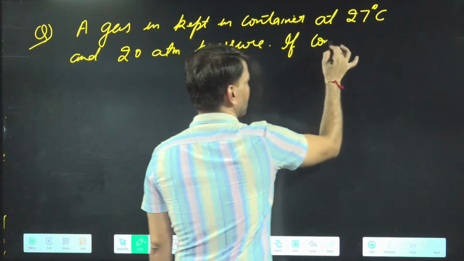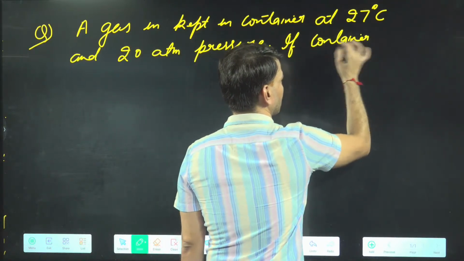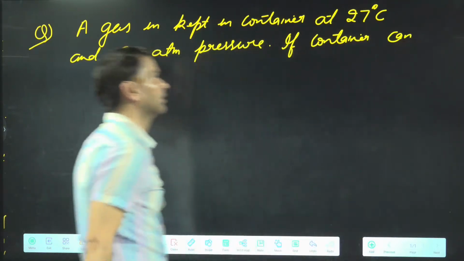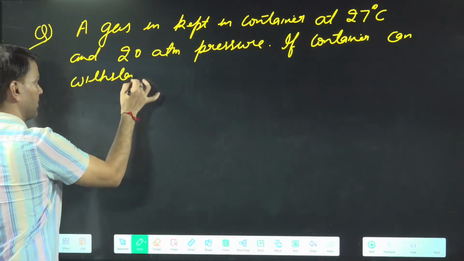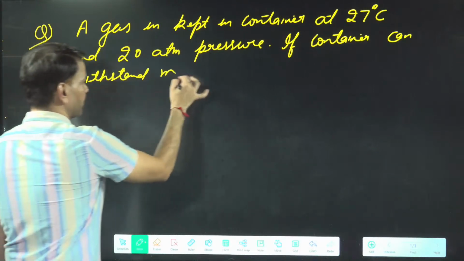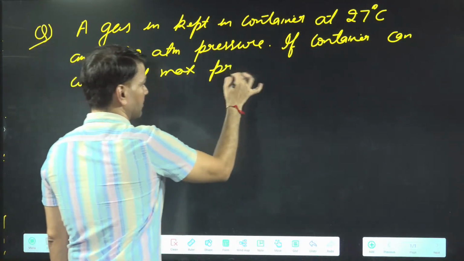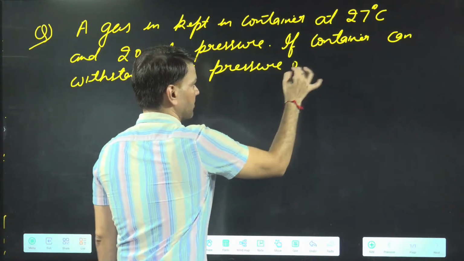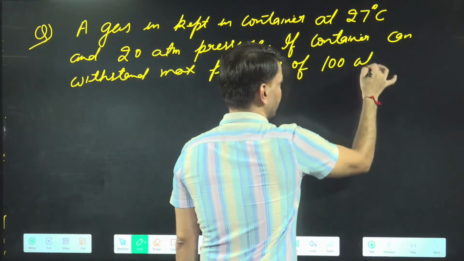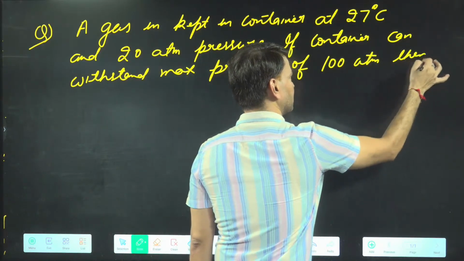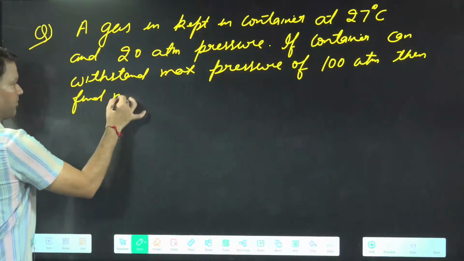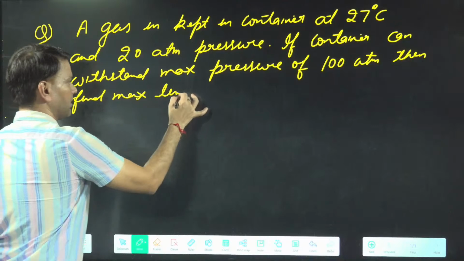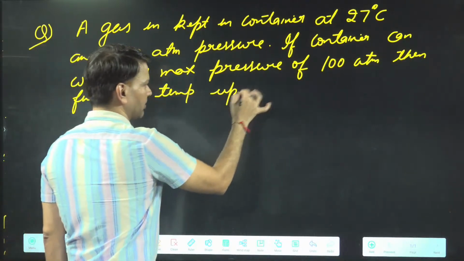If the container can withstand a maximum pressure of 100 atm, then find the maximum temperature up to which it can be heated.